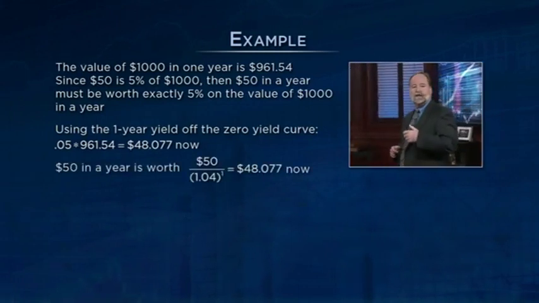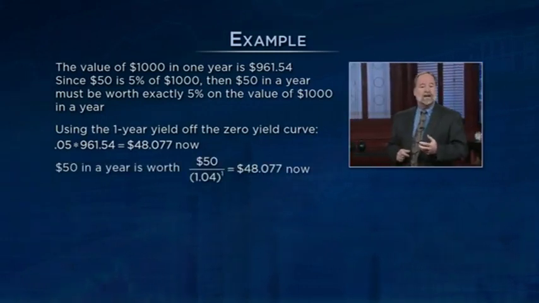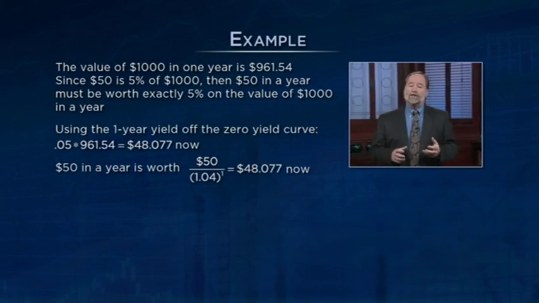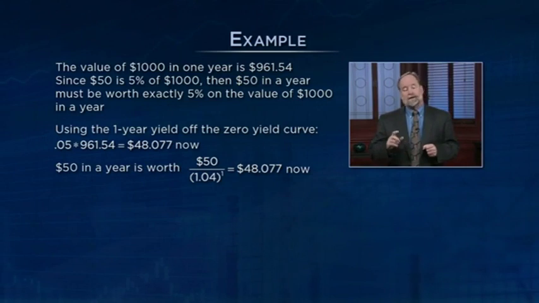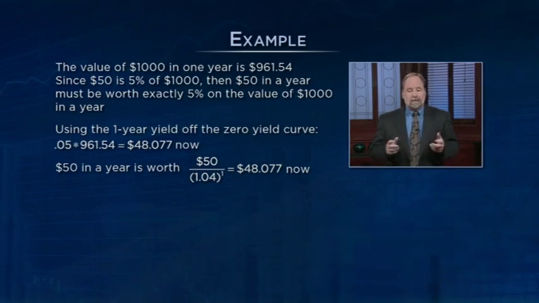Equivalently, 50 in a year is just 50 discounted back using the 1-year yield off the zero yield curve. That is, the present value of 50 in a year is going to be 50 divided by 1 plus the 1-year yield of 4%, raised to the 1 power because we're going to discount it back 1 year. That's equal to, in dollars, 48.077. You get the same answer.